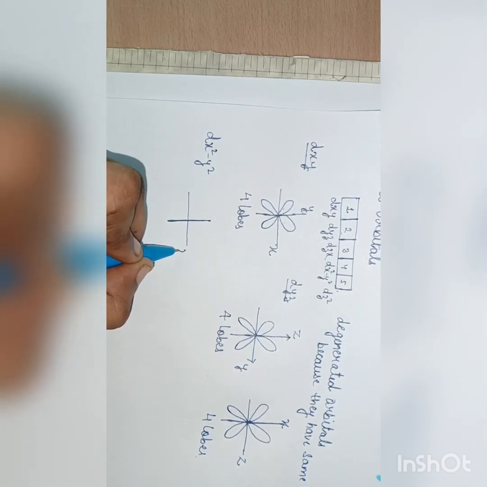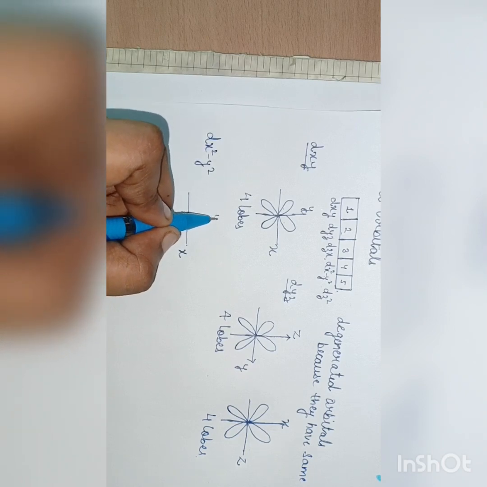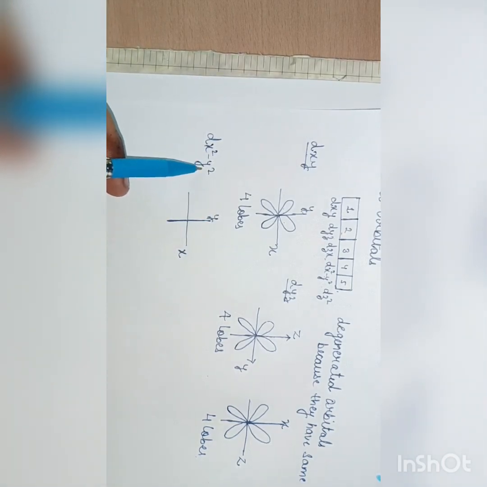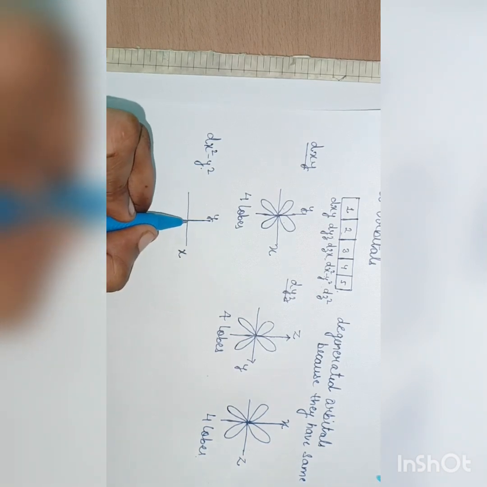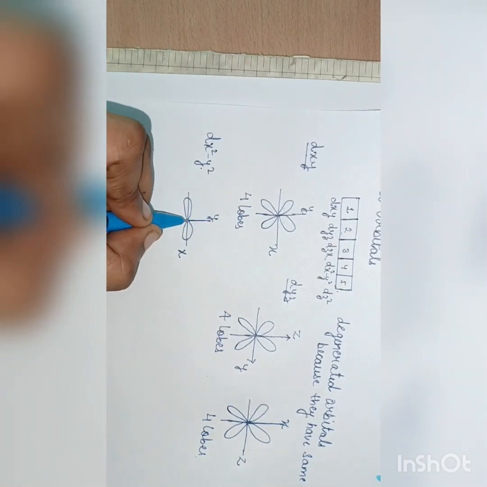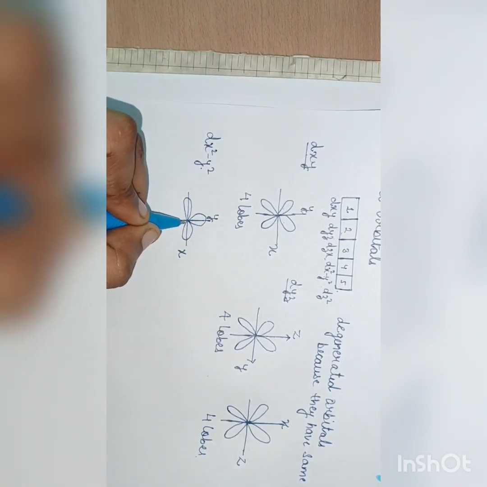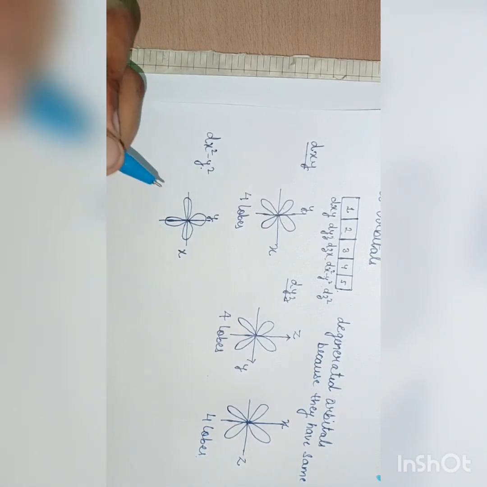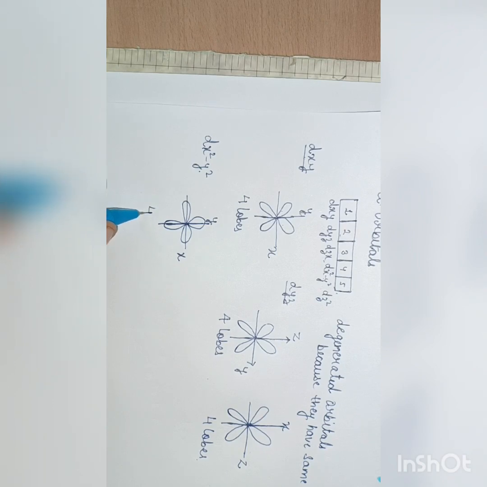Here we have the x-axis, y-axis because we have to draw for x and y. So here the lobes are present on the axis. This is different from these 3. The lobes are present on the axis. Here we have 4 lobes.